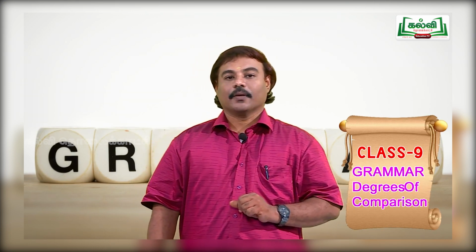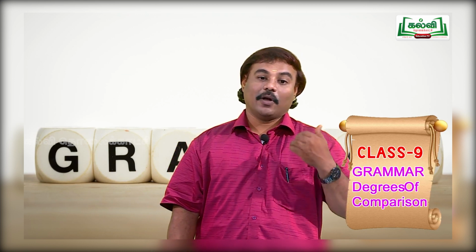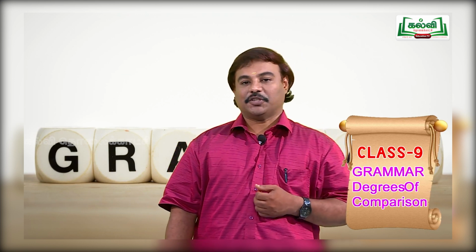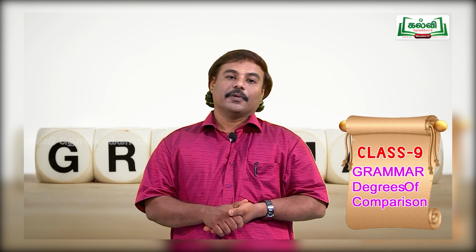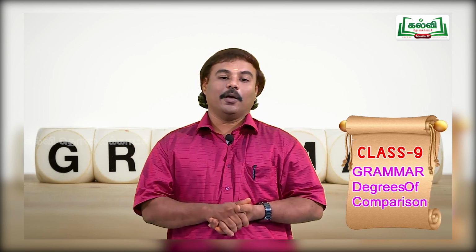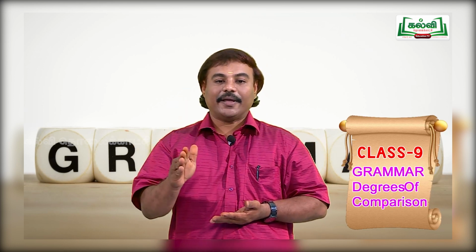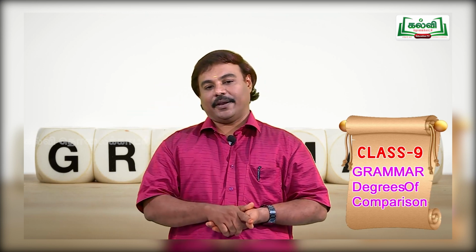Children, in lower classes, you would not have studied transformation. Now we are going to learn. Take your notebook and draw 3 margins with a table column of positive degree, comparative degree and superlative degree.